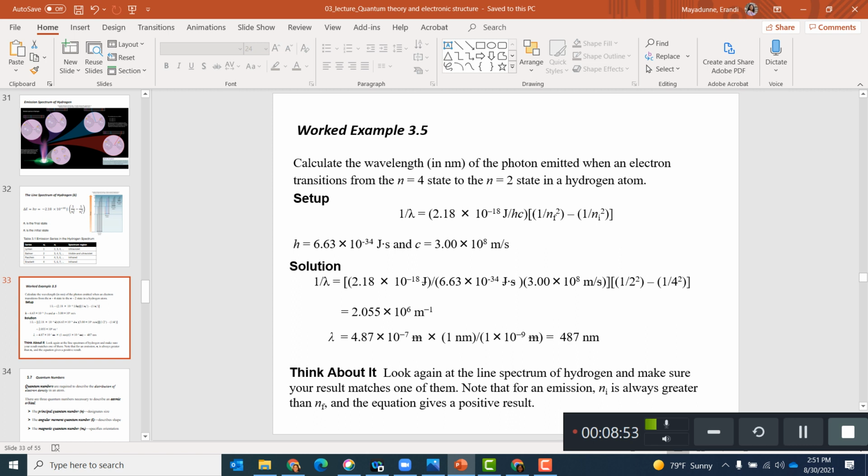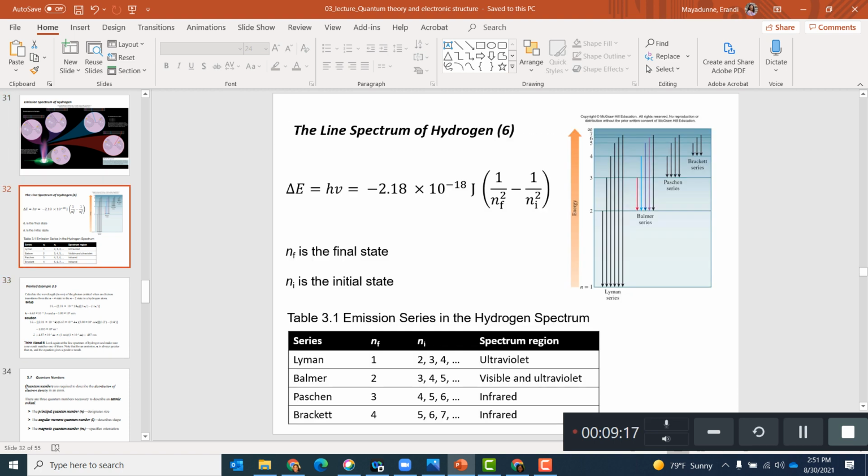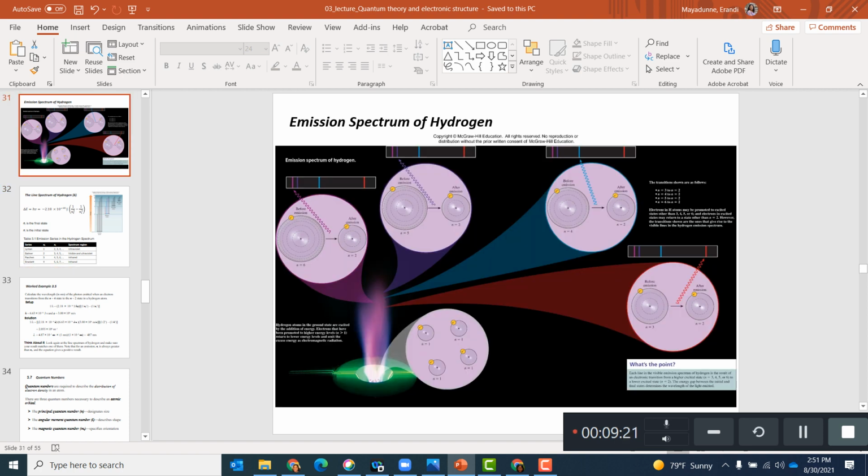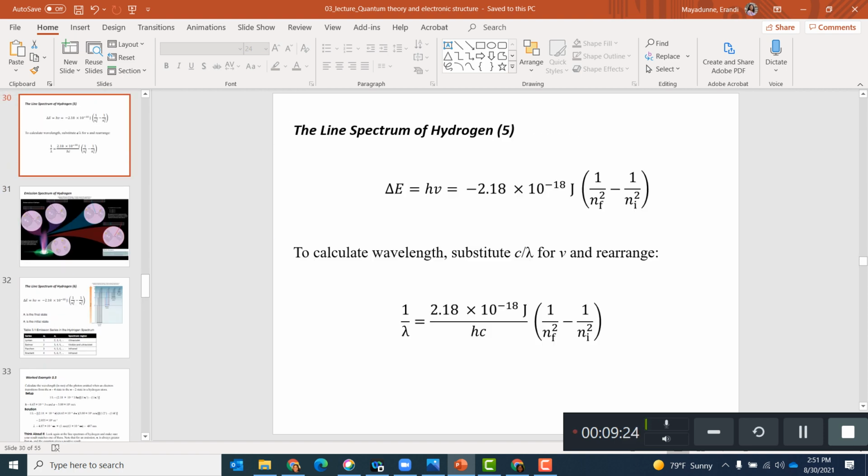So the setup: 1 over lambda equals 2.18 times 10 to the power negative 18, and h. Once you apply this 1 over lambda equation, we have the equation I'm talking about, delta E equals h nu. So you see the rearrangement, right?